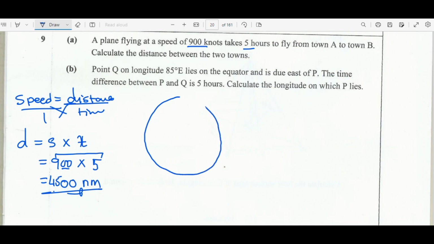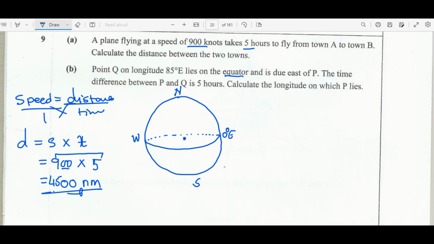We have the surface of the earth, then we have the north, south, west and east. Then we are told there is the equator. The equator is a latitude with 0 degrees.